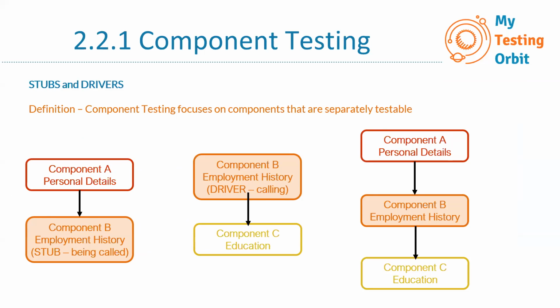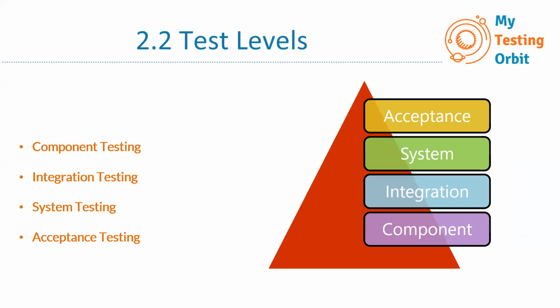If we just for a second go back to this diagram: if we are doing this component testing over here, as we said this is the base test level, and we do testing at this level in the best way, then there are chances that very few defects will go to integration.